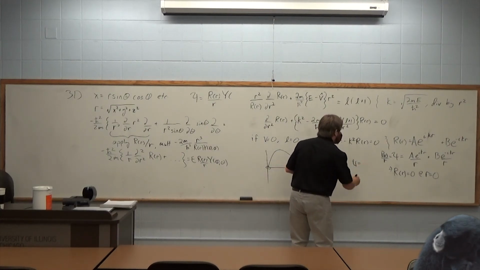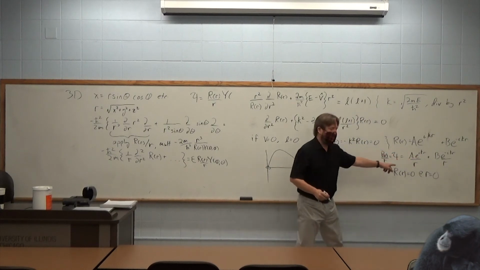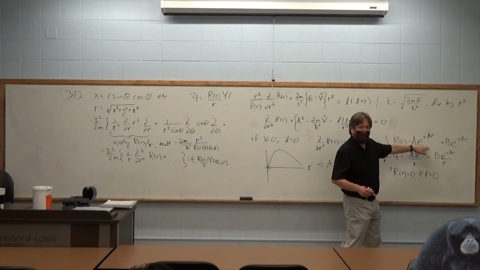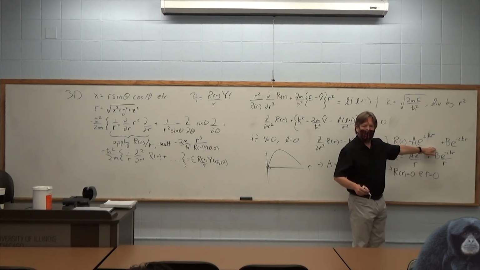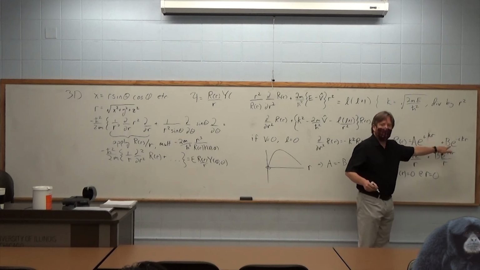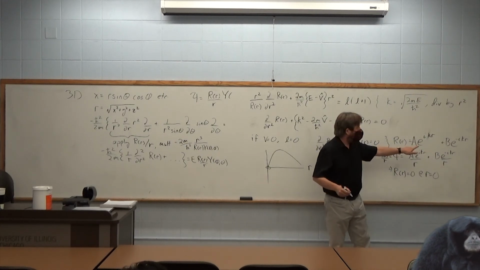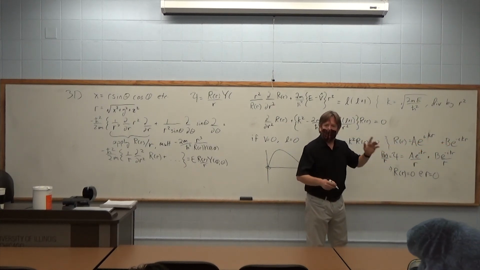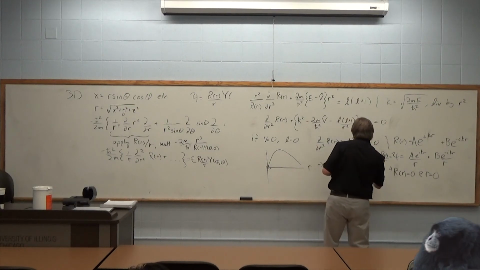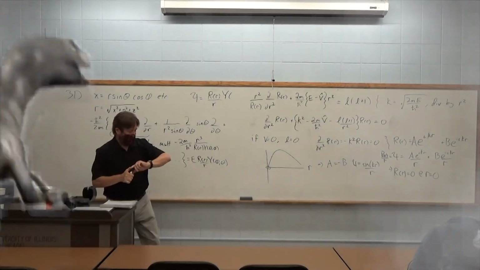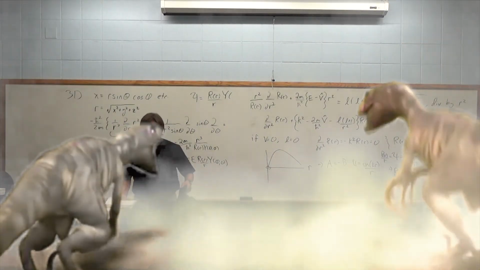And now the wave function is what? A minus B. So if it's e to the i plus e to the minus i, it's cosine. It's e to the i minus e to the minus i, it's what? Sine. And there's a normalization constant, but that's it. Okay, that's the classic equation.